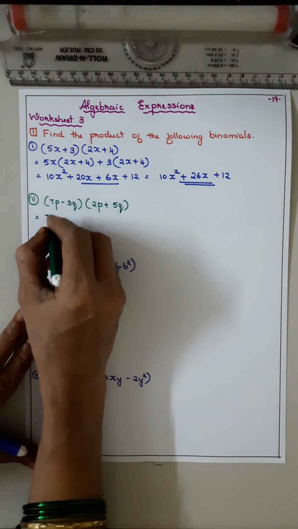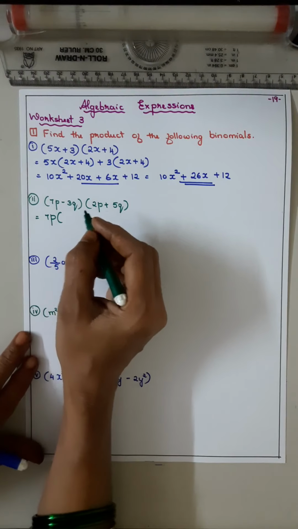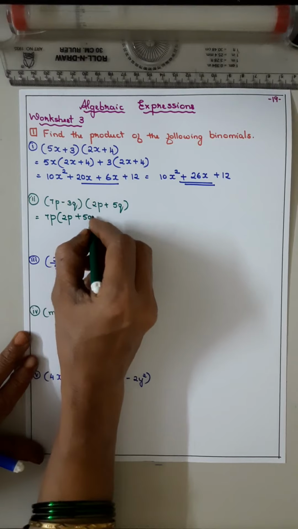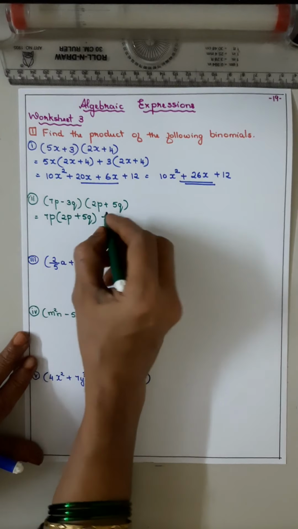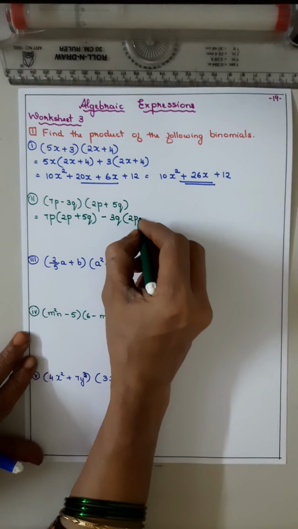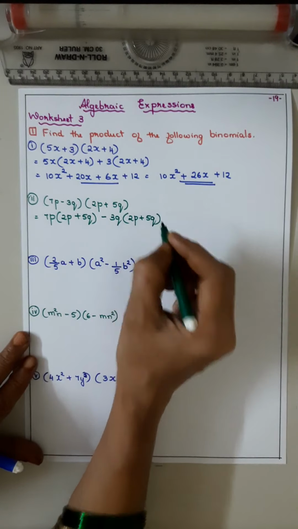So 7p bracket open, 2p plus 5q bracket close. Now the second term is minus 3q bracket open, 2p plus 5q.